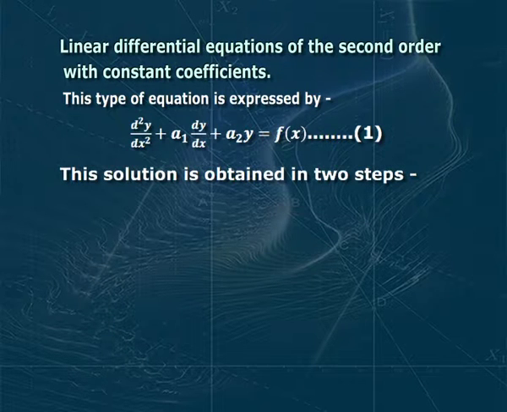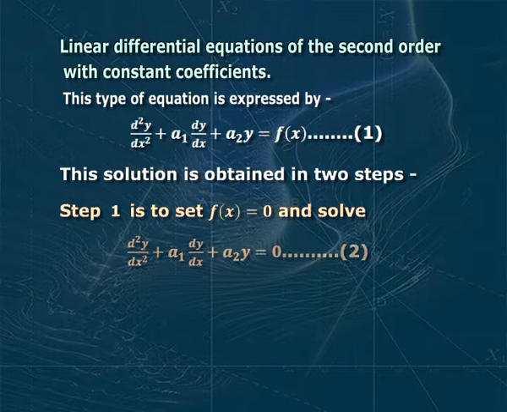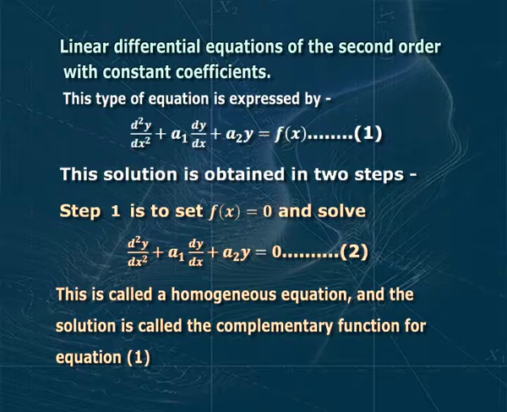The solution is obtained in 2 steps. Step 1 is to set f of x equal to 0 and solve for d raised to power 2 y by dx raised to power 2 plus a1 dy by dx plus a2 into y equal to 0. This will be our equation number 2.